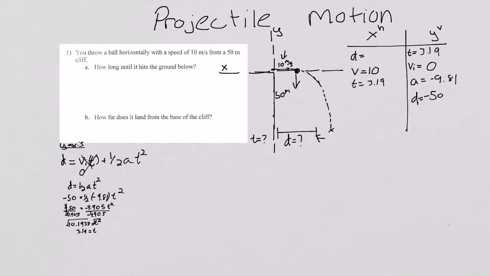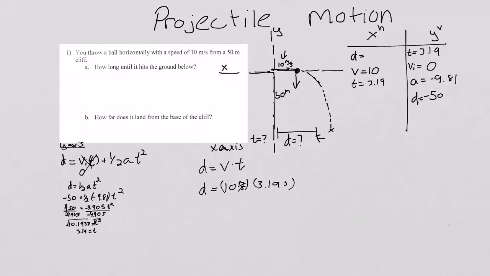Now, what we don't know is the distance. Well then, the equation distance equals velocity times time will come in handy. Distance, we don't know, and we are solving the x-axis now, because the distance is going to be moving horizontally, therefore it's the x-axis. So distance equals our velocity, which is 10 meters per second, and our time, which is 3.19 seconds.